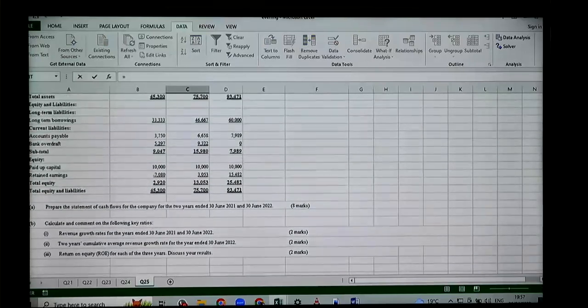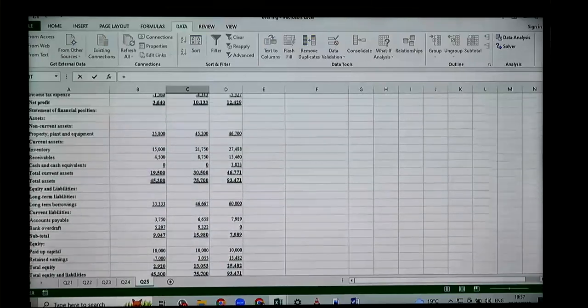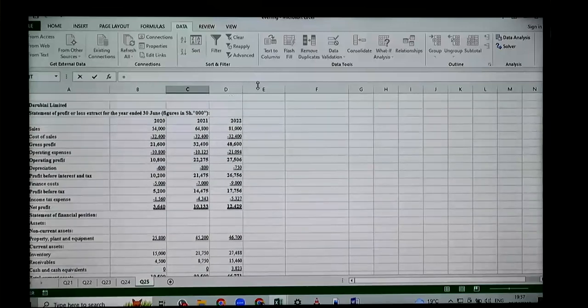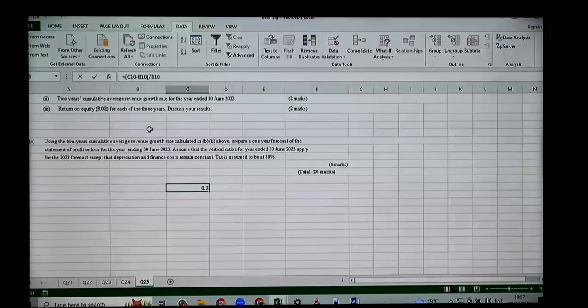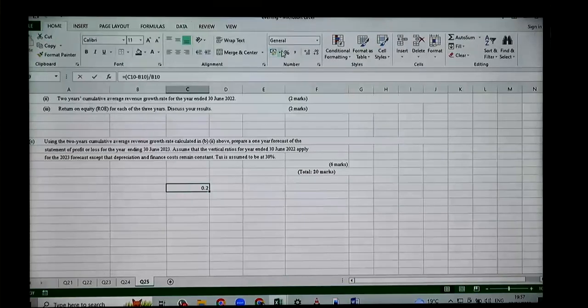So the revenue growth rate will be equals to, I'll open my brackets. So it will be the one in 2021 minus 2020. You close your brackets, divide by 2020, isn't it? Control Enter, Control Backspace to jump to the active cell. So here is the percentage. So for 2021 and 2022, there are 2.